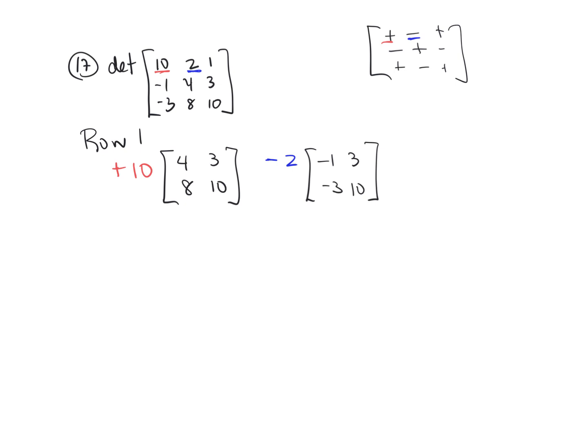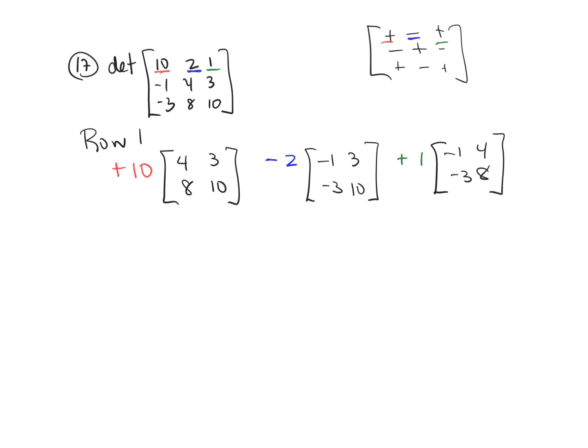And last but not least, I'll have a 1. The sign is a positive from my sign matrix. And if I cross out row 1, column 3, I'll have negative 1, 4, negative 3, 8.